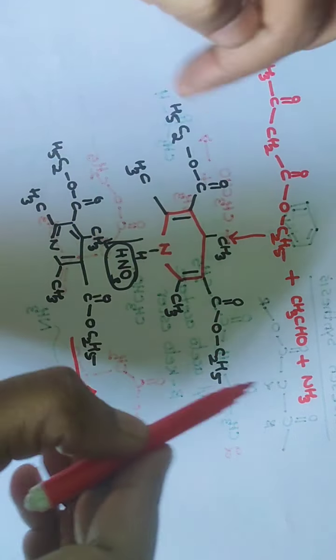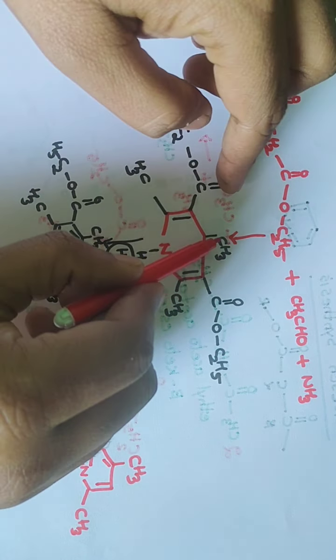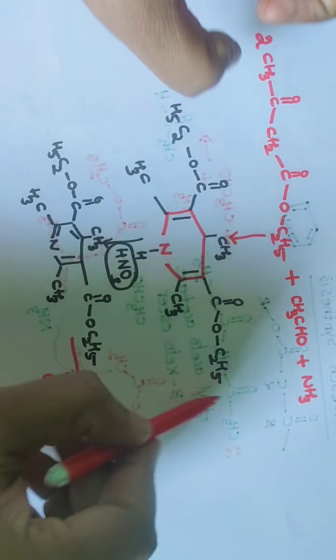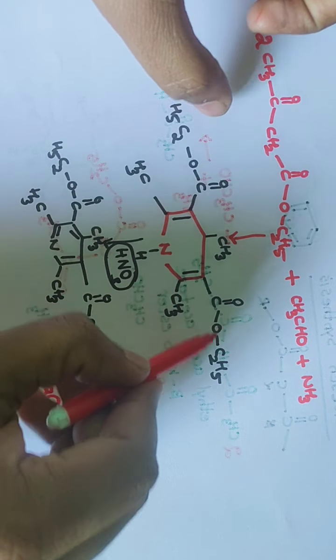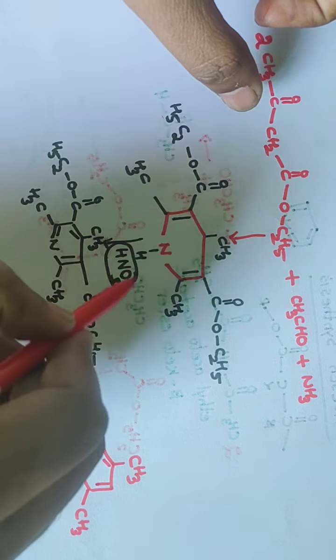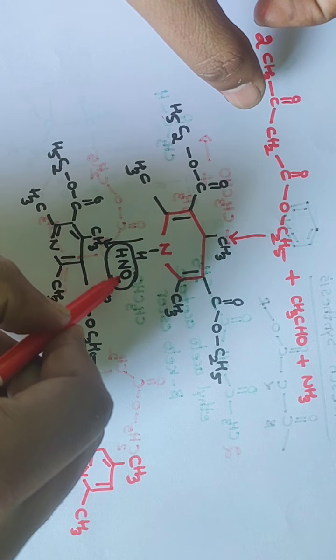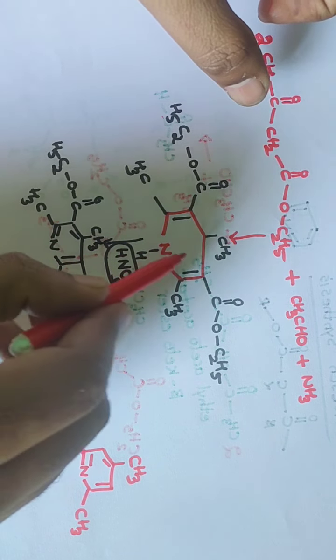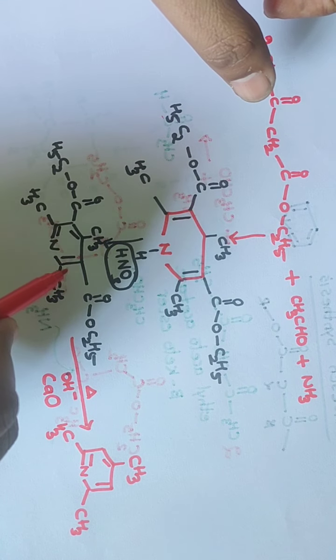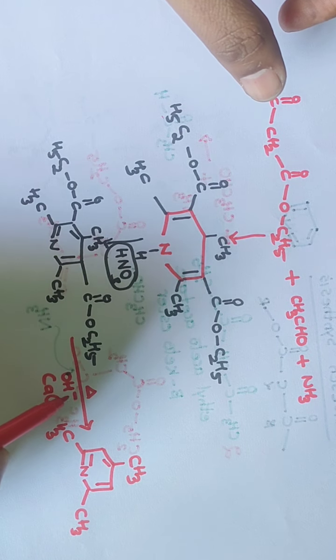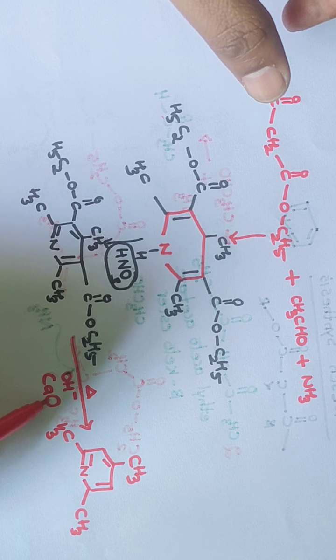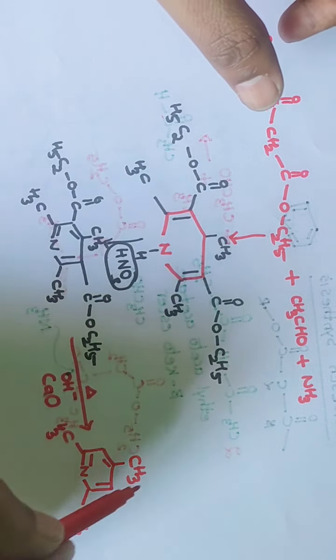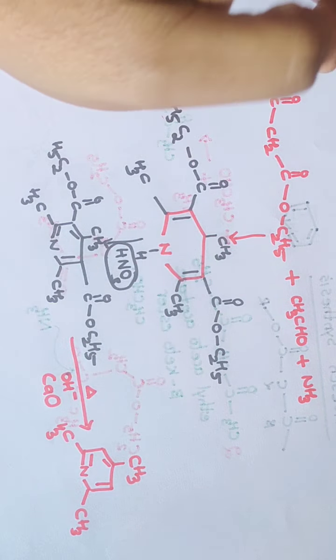It will be a 6-membered ring with nitrogen, with 3 methyl groups and 2 ester parts, C double bond O, OC2H5, C double bond O, OC2H5. When adding HNO3, it undergoes oxidation to form pyridine. This is a dihydropyridine; this is a pyridine derivative, right? Then, in the presence of NaOH or OH minus and calcium oxide, if you heat it, you get 2,4,6 trimethyl pyridine.